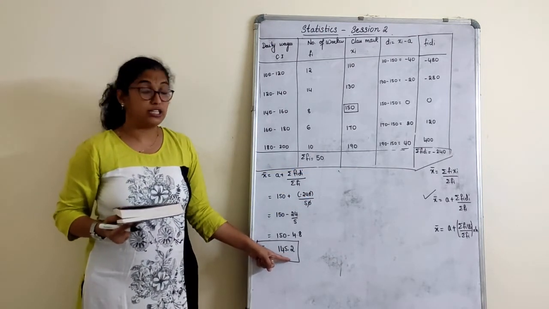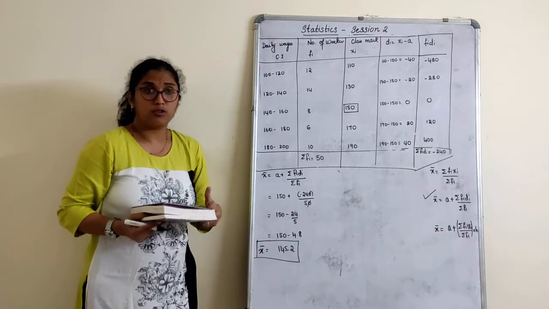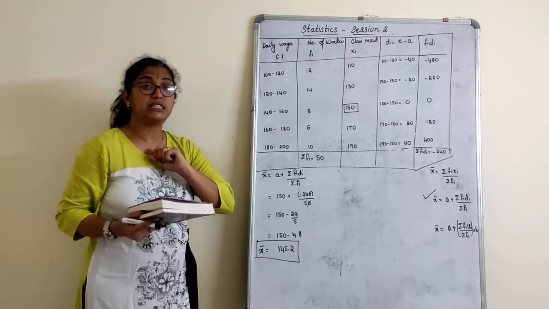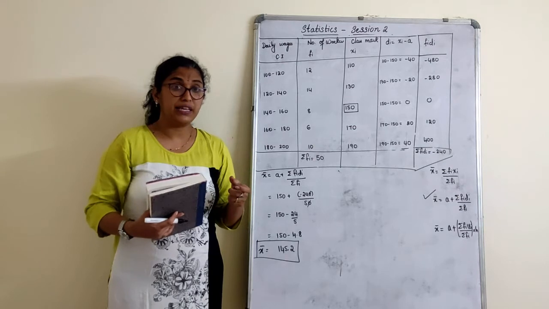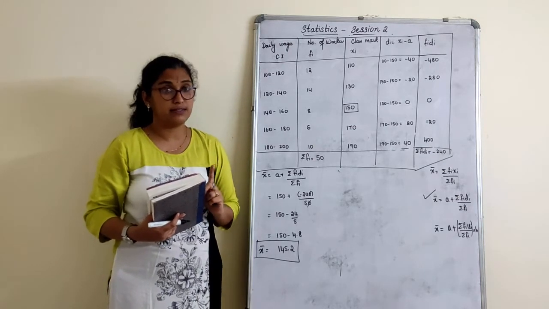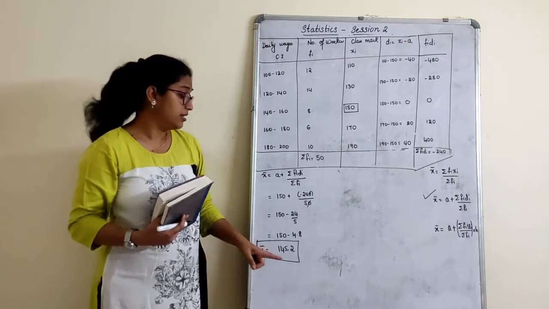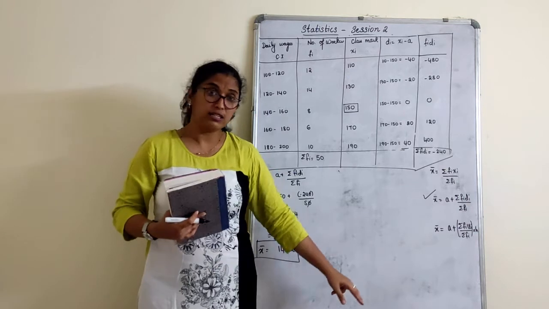It will not change. Okay, you might get 145.2120 something, but it has to be the same answer. In statistics, a difference of plus or minus 1 or 2 in the decimal points here and there is always considered, but usually you get the same answer. So the answer is 145.2. Did you understand? Actually it is very simple.